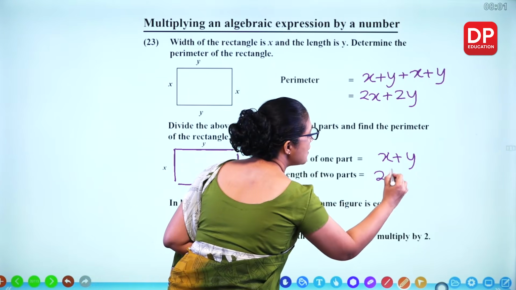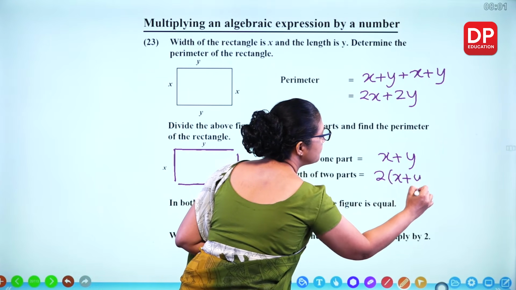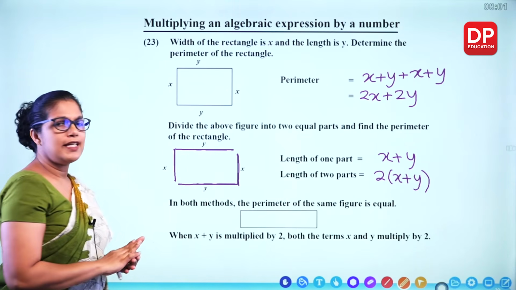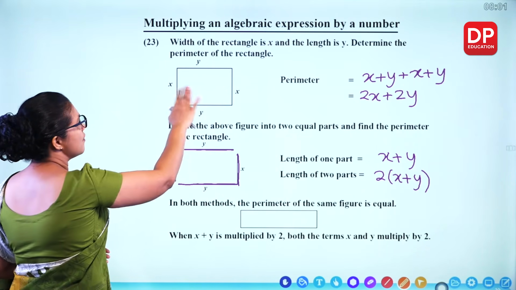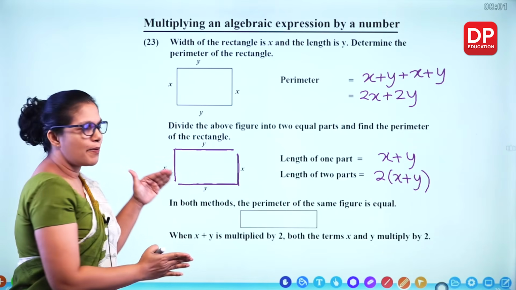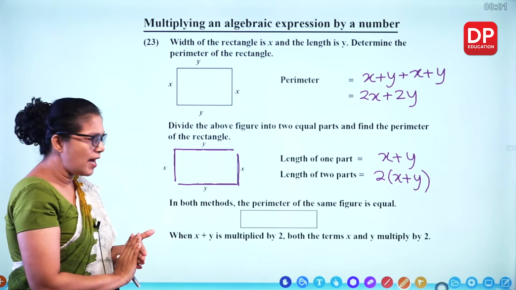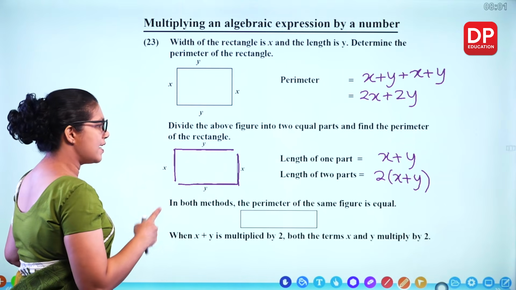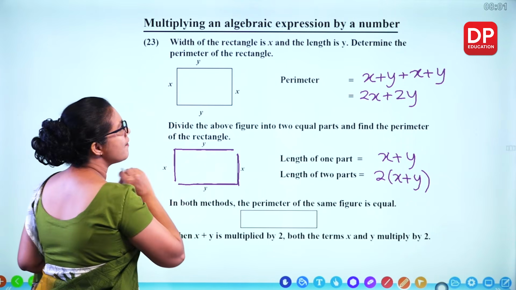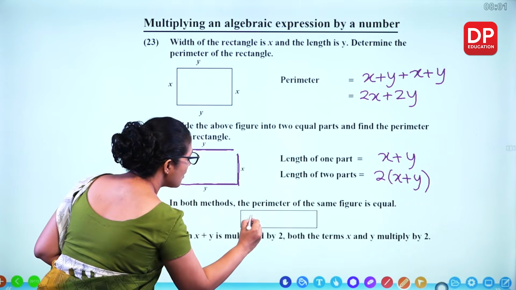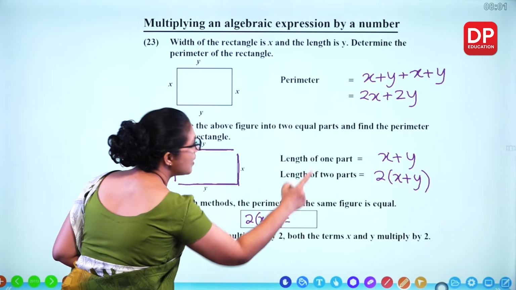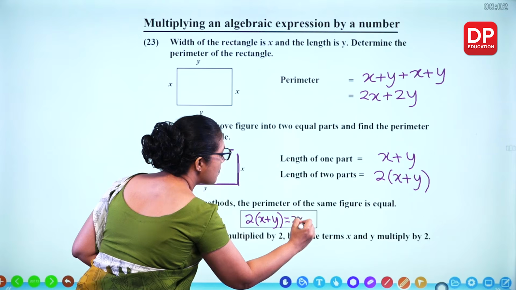So 2 times x plus y. But we took the same diagram, finding perimeter fully and taking separately, you have to get the same answer. So in both methods, the perimeter of the same figure is equal. So we can write down 2 times x plus y is equal to 2x plus 2y.